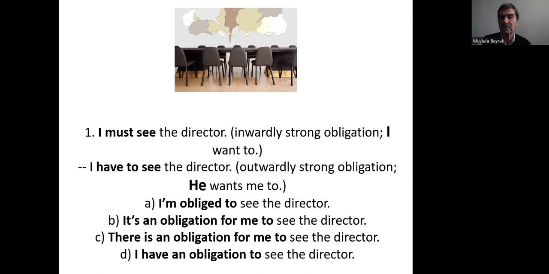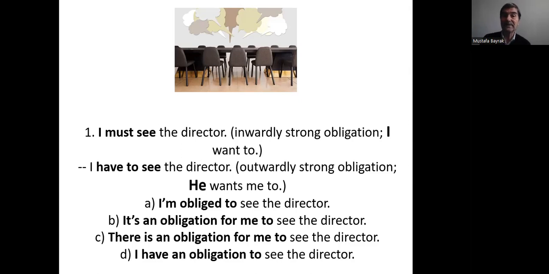Yes, this has the same meaning as I must see the director, I have to see the director. I am obliged to see the director. Obliged is an adjective: adjective to do.